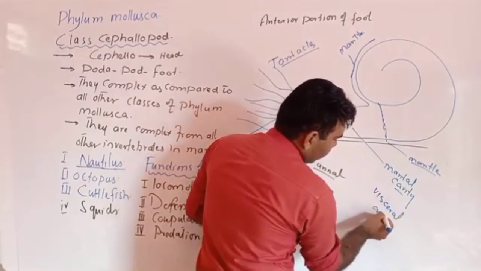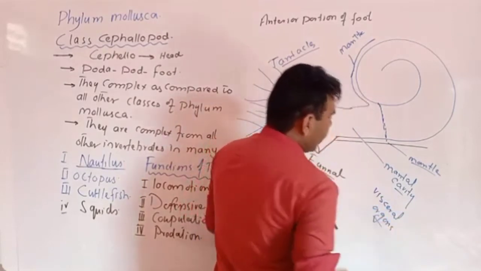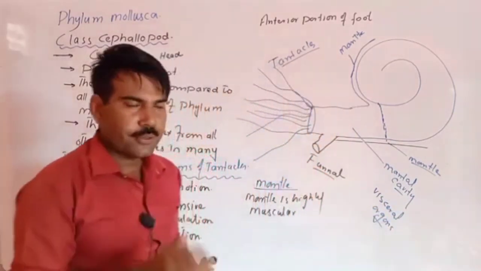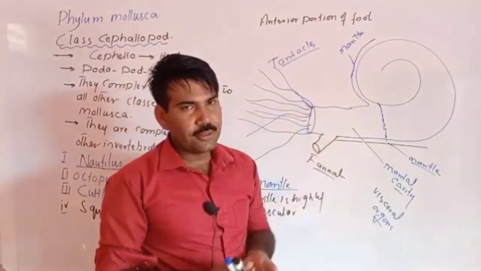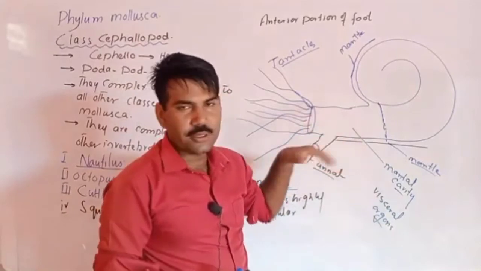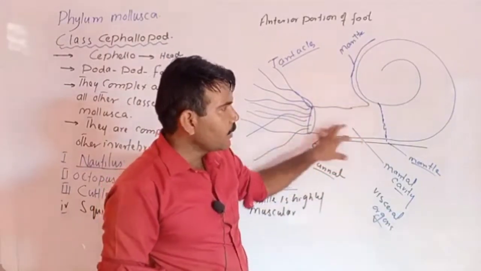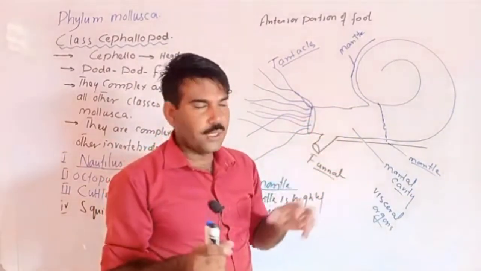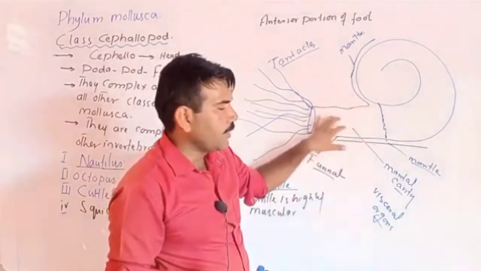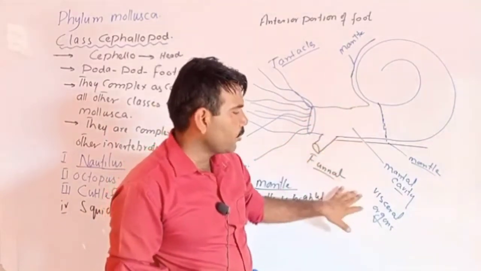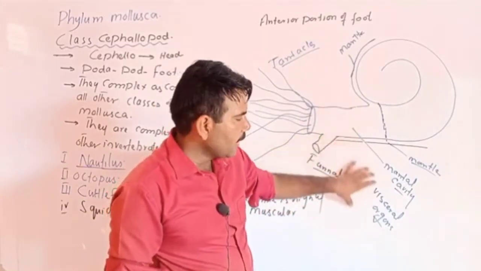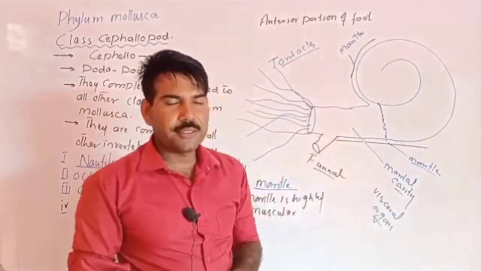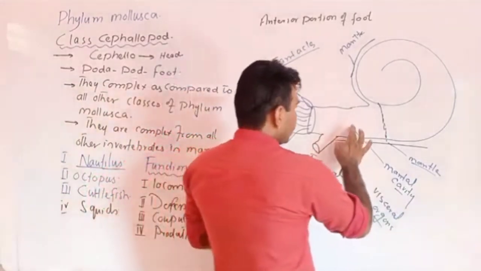Visceral organs mean they contain the digestive system, the respiratory system, the excretory system, and the reproductive system. So all these systems and the organs associated with them are present in this portion. That's why this portion is known as mantle cavity, and inside the mantle cavity all the visceral organs are present.